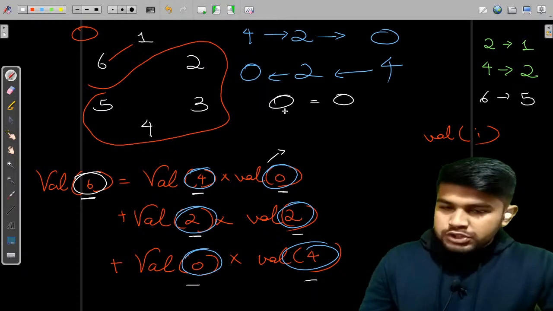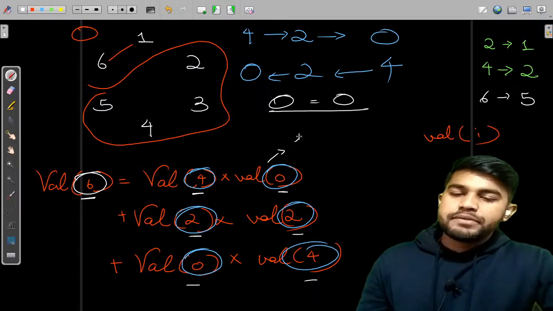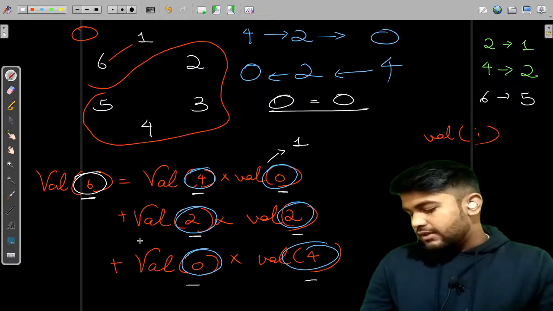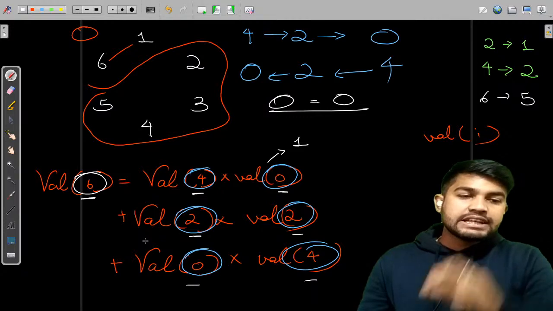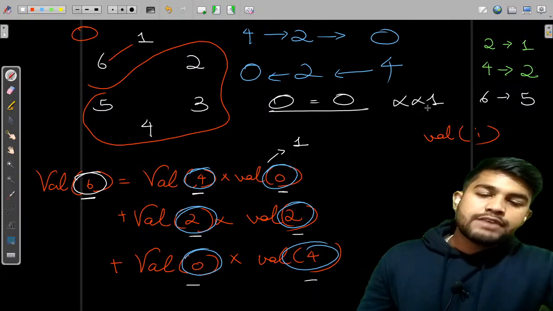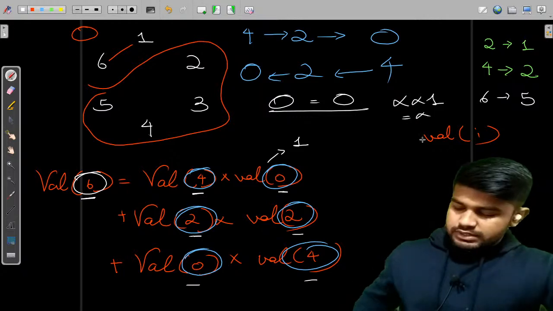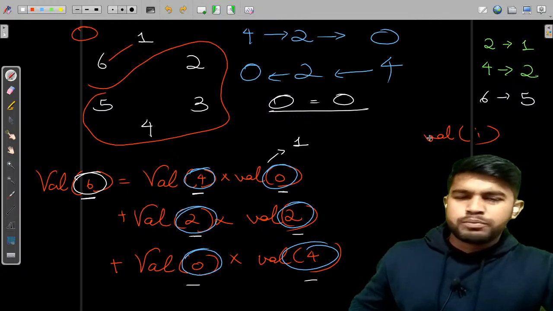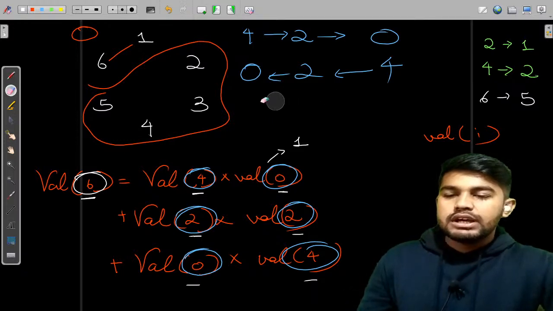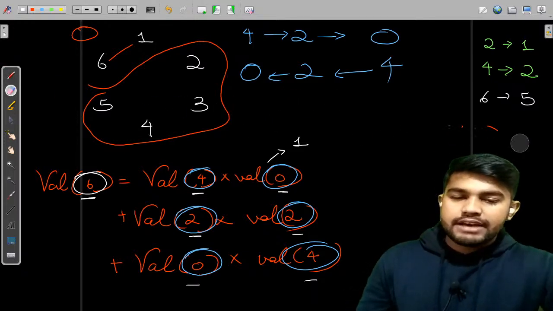So 0 is not present. So if we make this value 1, then this won't affect the answer. Why? Because multiplying anything with 1 gives the same thing, x multiplied with 1 is x only. So it doesn't create any major difference.